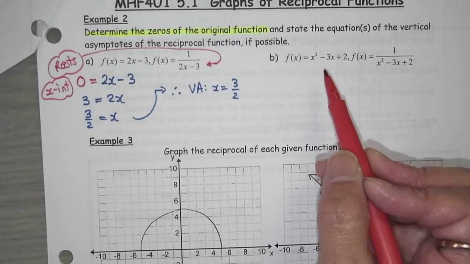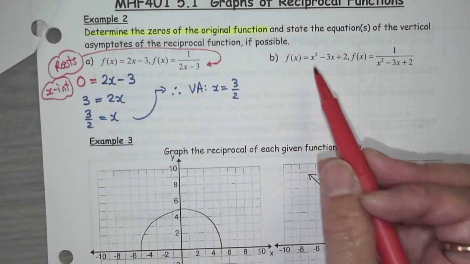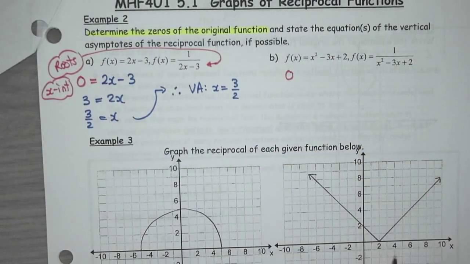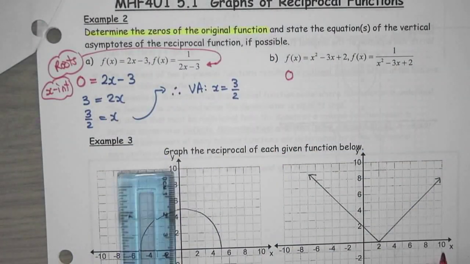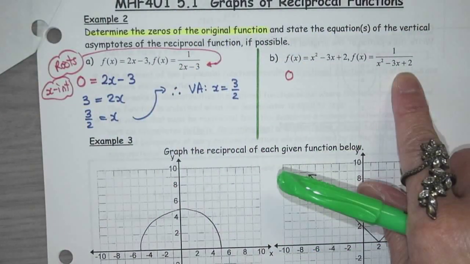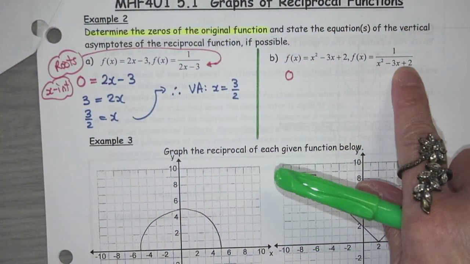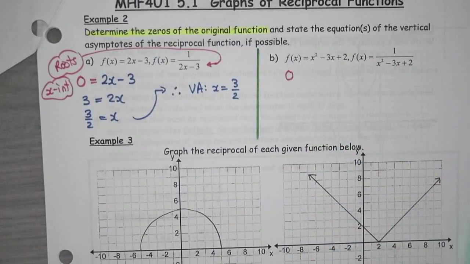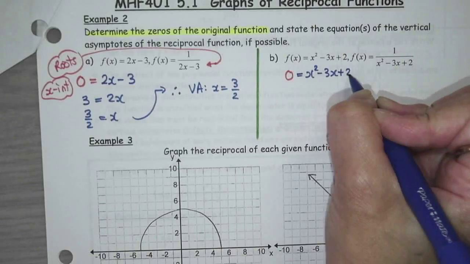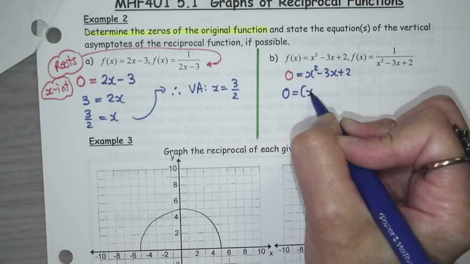Again, for the original function, wherever this quadratic hits 0, I want to know where that is, because on the reciprocal, that's where the vertical asymptotes are going to be. So I'm going to take this, set it equal to 0, and solve it.